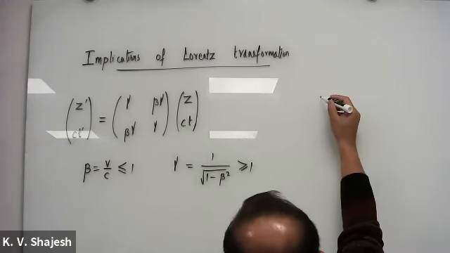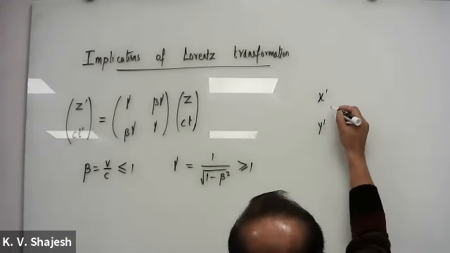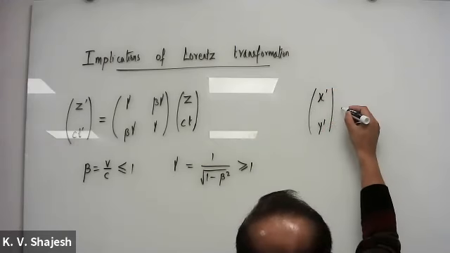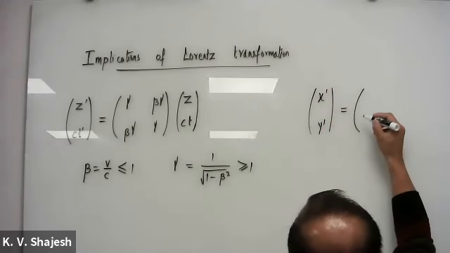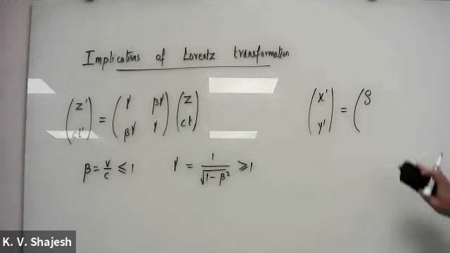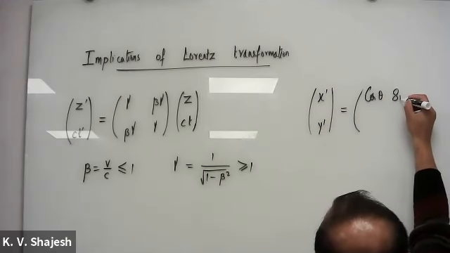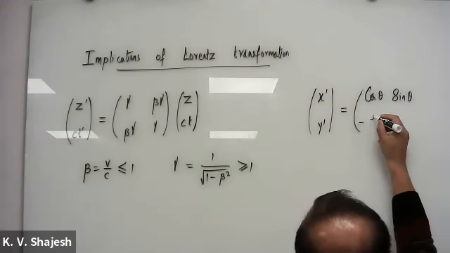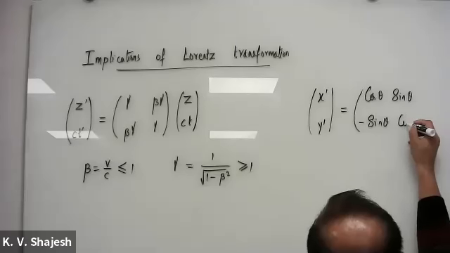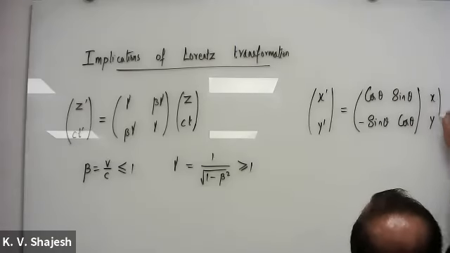So this is x prime, y prime. If you were to rotate your axes by a certain angle theta, you get sine theta, minus sine theta, and cosine theta acting on x and y.